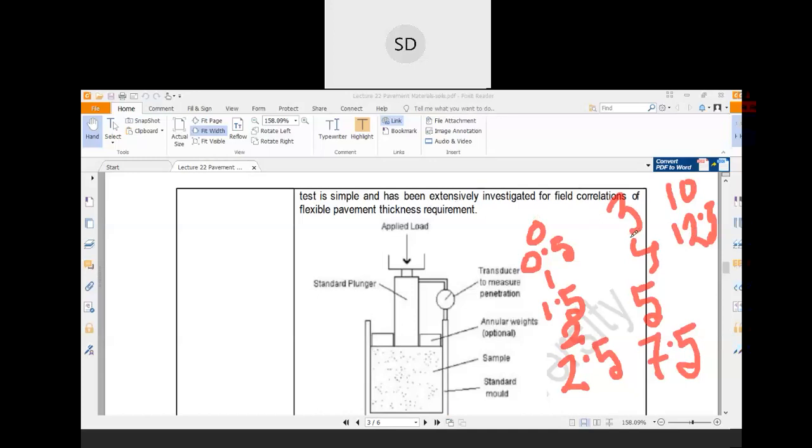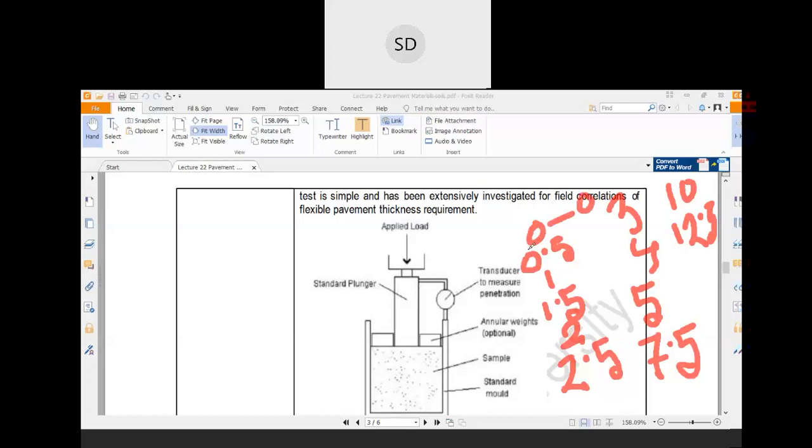in millimeter. So how do you take the load readings? You start the machine. Whenever the displacement is 0, you take the load value. For 0 displacement, the load value would also be 0.